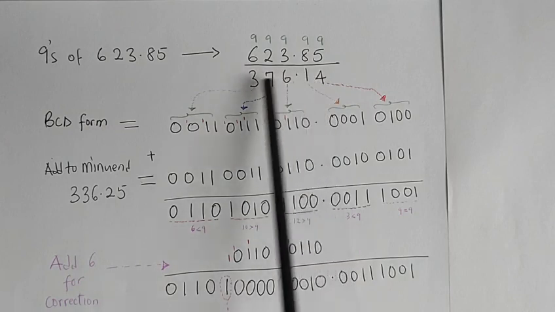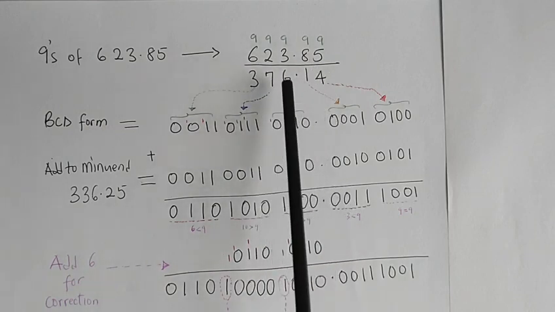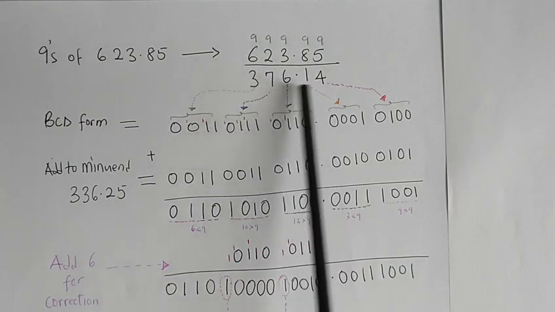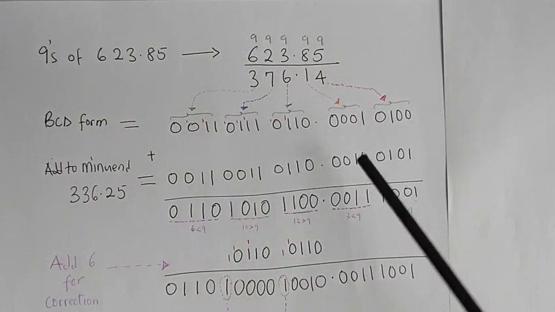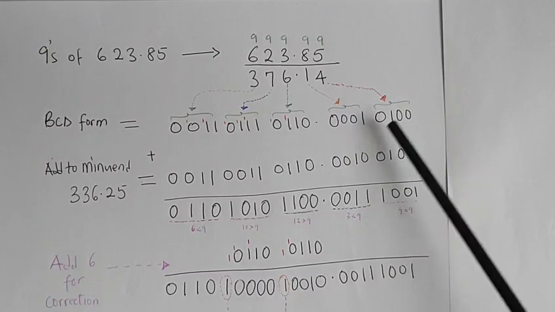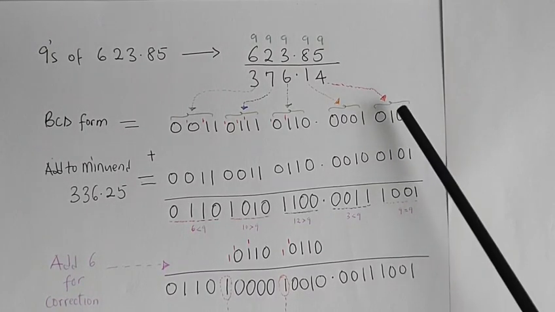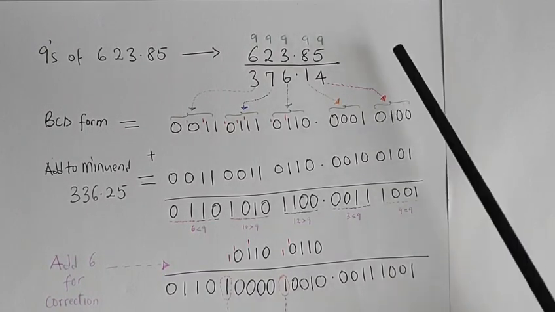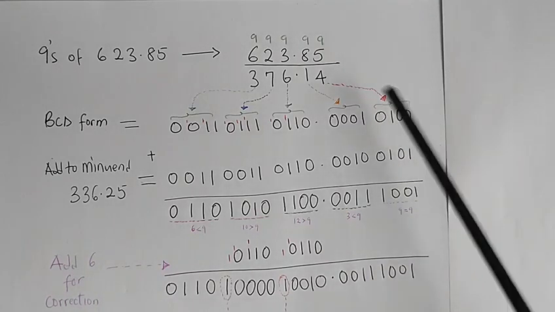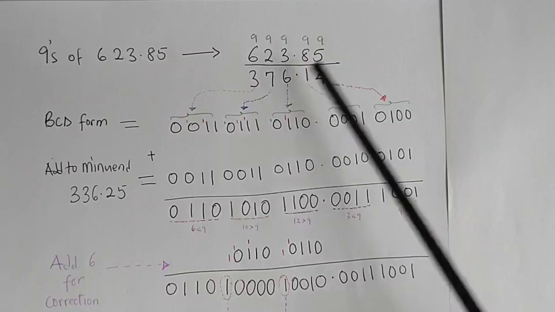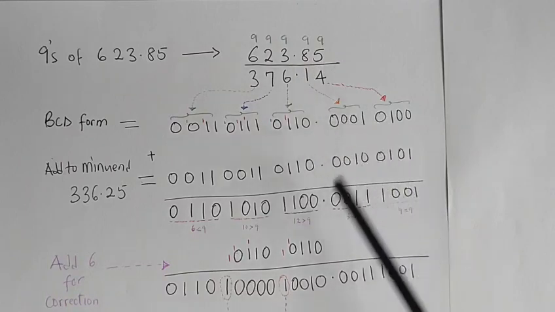Once we do this, the next thing we need to do is to obtain the BCD form of this result. Now the BCD form of 4 is going to be 0100. Now using the formula 8421, this is going to be 0101. Now the BCD form for 1 is going to be 0001.